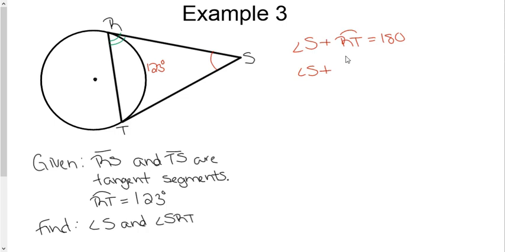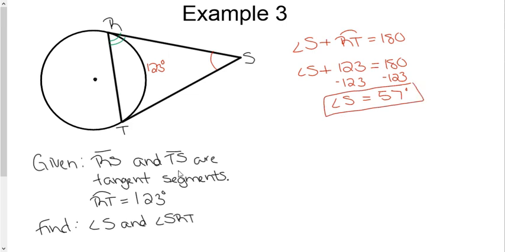But I do know what arc RT is. I know it's 123 degrees. And they have to equal 180. Well, now this just becomes an algebra problem. So I subtract 123 from both sides. And I get that angle S is equal to 57 degrees. So there's one of my answers.